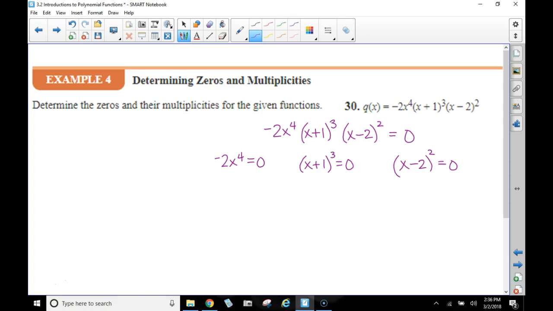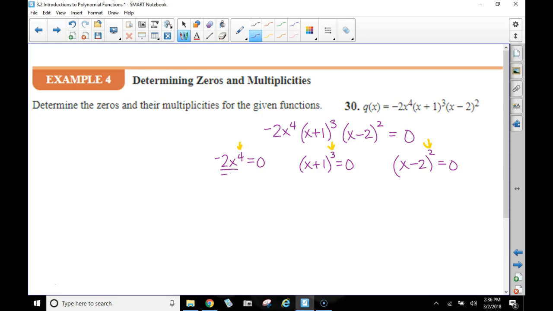At this point, you can already tell what the multiplicity is going to be for each of these zeros: multiplicity of 4, multiplicity of 3, multiplicity of 2. You already know that. Now we're going to do some algebra to actually find what those zeros are.